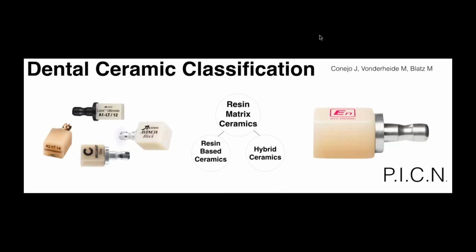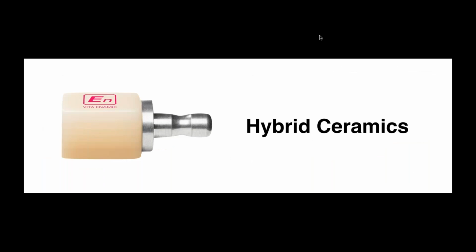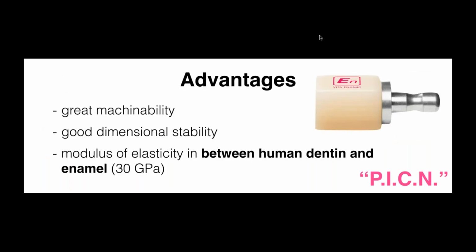So as I was saying very quickly, the resin matrix ceramics, just as an overview, I talked about this in the last webinar, but we have VITA Dynamic, which is the only hybrid ceramic, because actually we have a block of feldspathic porcelain that is infiltrated with 14% of composite, making it less brittle and providing better machinability, which is something really nice for us clinicians when we do chairside CAD/CAM dentistry, because it mills very fast and with very nice marginal adaptations.